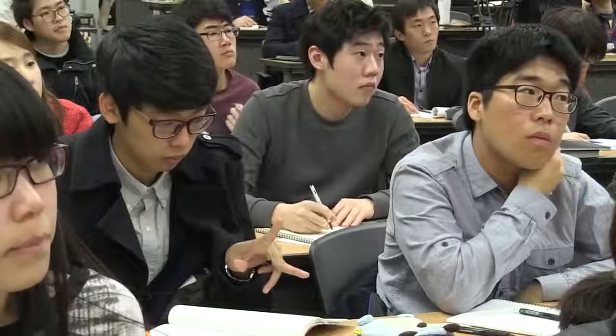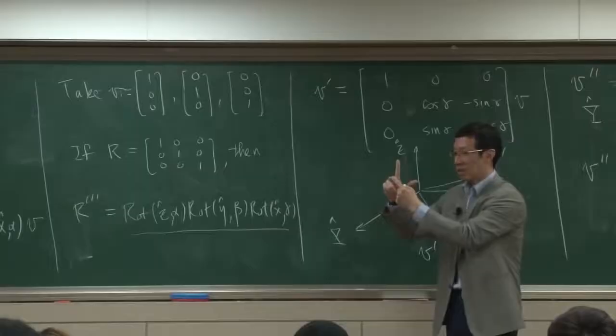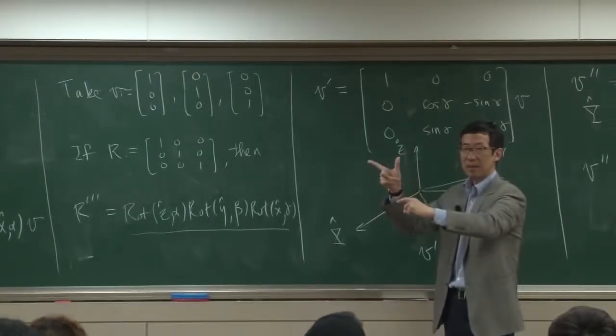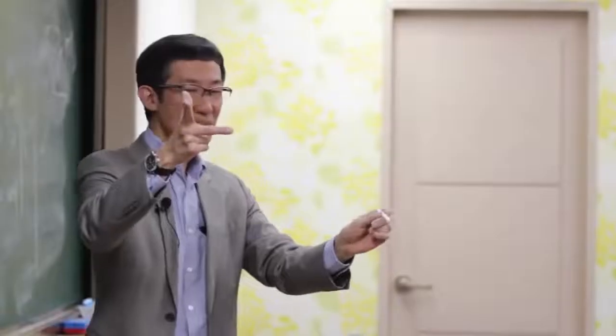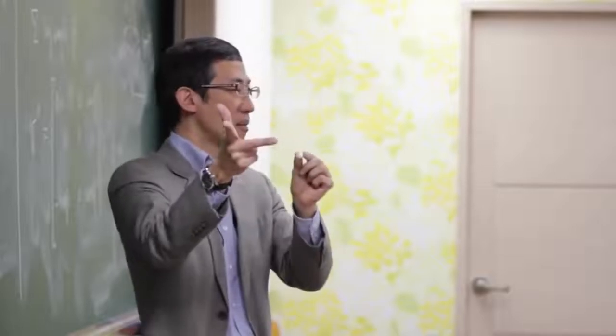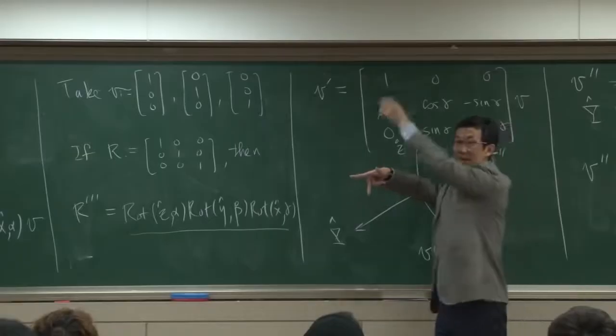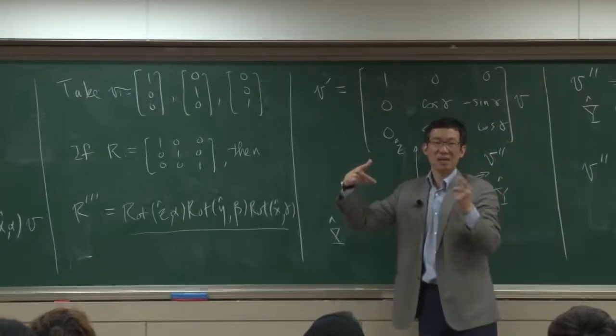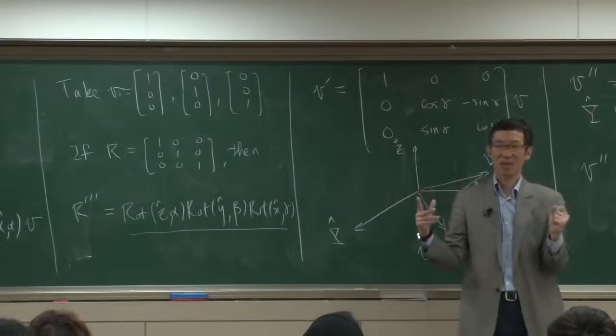This time I rotate around the fixed frame x-axis by gamma. Next, I rotate around the fixed frame y-axis by beta. Next, I rotate around the fixed frame z-axis by alpha. I get the same rotation, the same orientation. So the formula is the same.